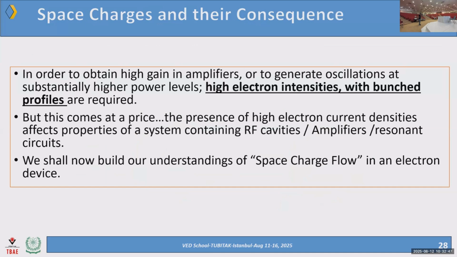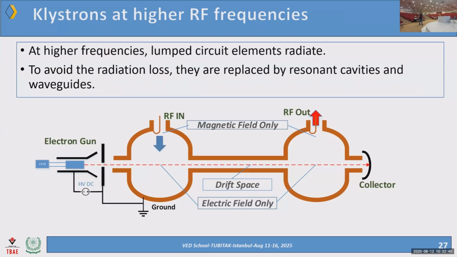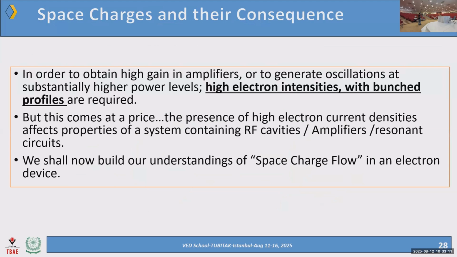So the space charges, we are convinced by this point that we need high current. We need very high space charges, and that charge originates at the electron gun. Okay, so we need high current. We are eager to generate high powers, but this comes at a price.